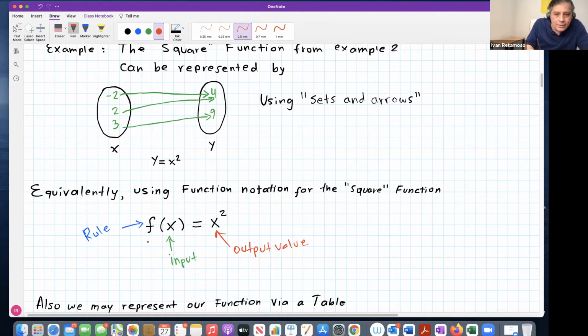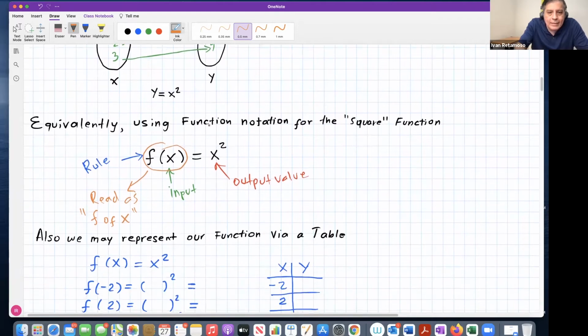And this should be read as, small thing, read as f of x. F of x. Okay, f of x. F of x equal x squared, right? Yeah, we're squaring the inputs to get the outputs.